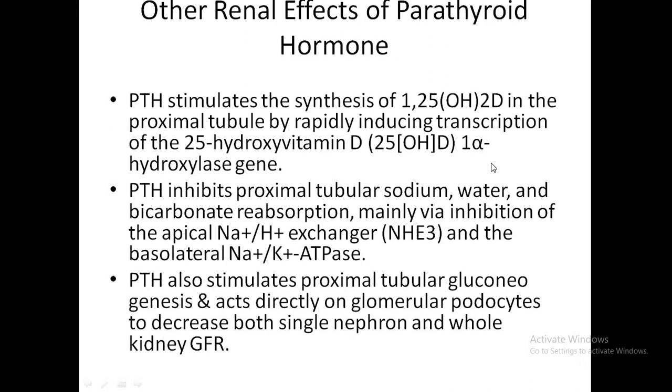So PTH will stimulate the 1 alpha hydroxylase genes, and it will produce calcitriol. PTH also inhibits proximal tubular sodium, water and bicarbonate reabsorption by inhibiting apical sodium hydrogen exchange and the basolateral sodium potassium ATPase.